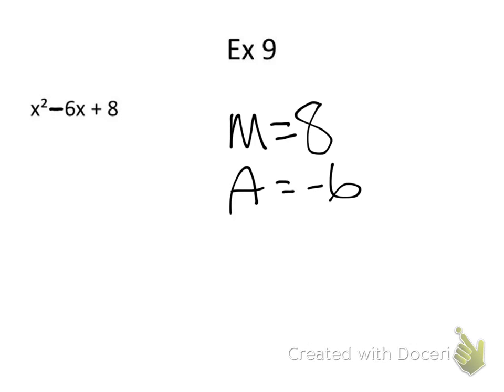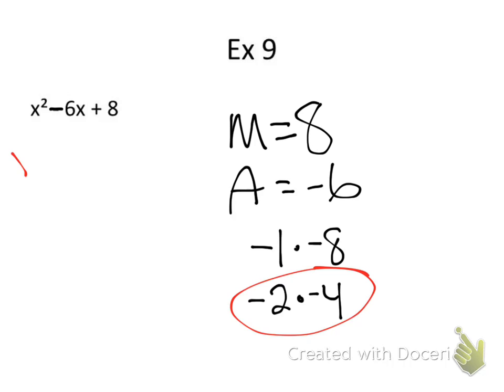So to add to a negative but multiply to a positive, what do I need? Both negatives. So negative 1 times negative 8 or negative 2 times negative 4. Yes, that one right there. So we have x minus 2 and x minus 4.